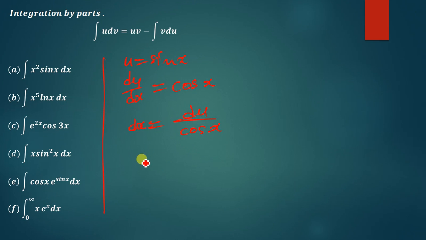So I'll replace u where there's sine x, so I'm going to have the integral of cos x, then e to the power u, then where there's dx here, I'm going to replace du over cos x. So you can see that this cos x will cancel with that cos x, meaning we're just going to remain with the integral of e to the power u du, and then when you integrate this, you're going to get e to the power u plus c.